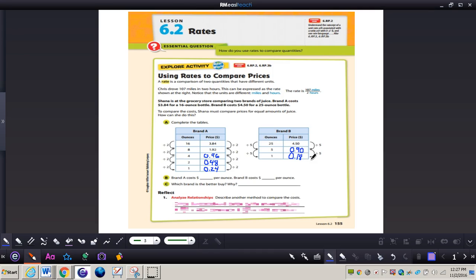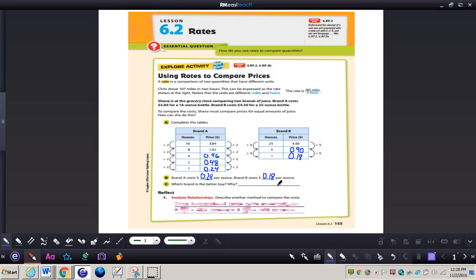So now that we have 1 ounce of brand A being compared to 1 ounce of brand B, we can make a good decision. So we can see that brand A costs 24 cents per ounce, 0.24. We can write that out. And brand B costs 18 cents per ounce, 0.18. That's how 18 cents can be written with a dollar sign in front of it.